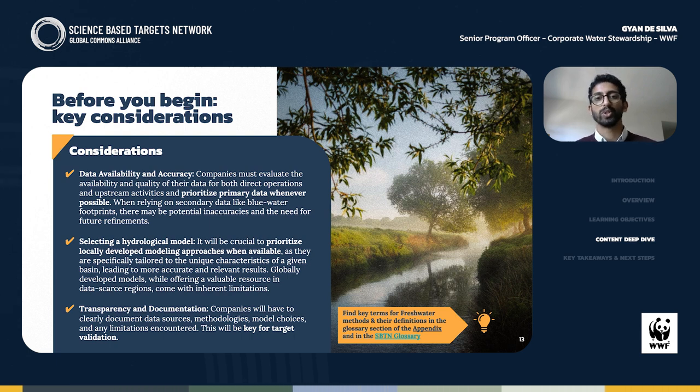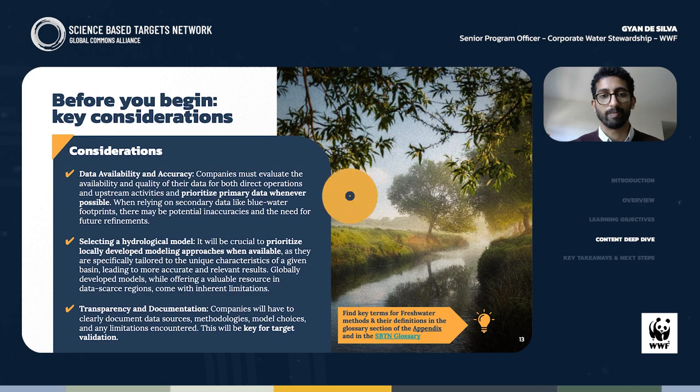Secondly, it will be crucial to prioritize locally developed modeling approaches when available, as they are specifically tailored towards the unique characteristics of a given basin, and this leads to more accurate and relevant results, while globally developed models come with inherent limitations. Lastly, companies will have to clearly document data sources, methodologies, model choices, and any limitations encountered. This will be key for target validation.